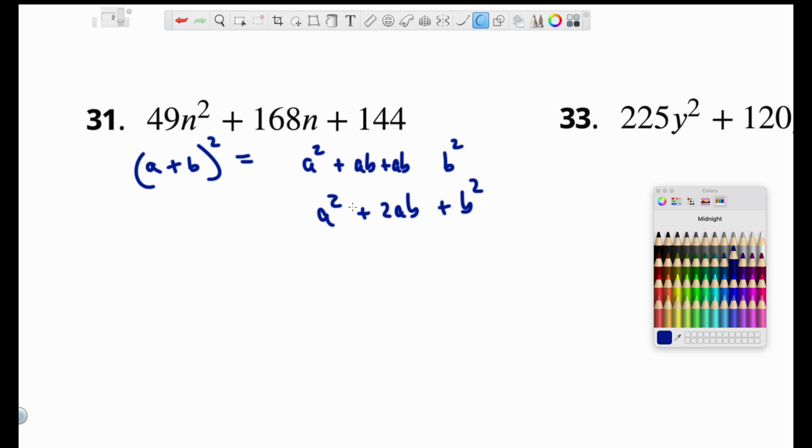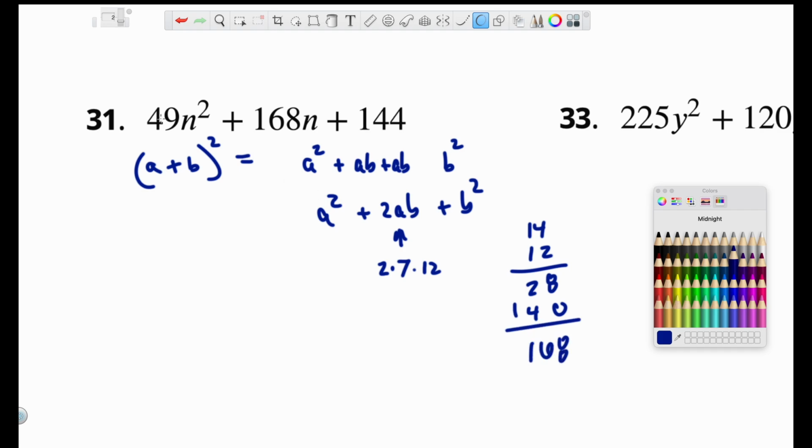And so let's see, the 2ab right here is, if the square root of 49 is 7 and the square root of 144 is 12, 2 times 7 times 12, does that equal 168? All right, so 2 times 7 is 14, so 14 times 12, 28, 140, add those, 168.